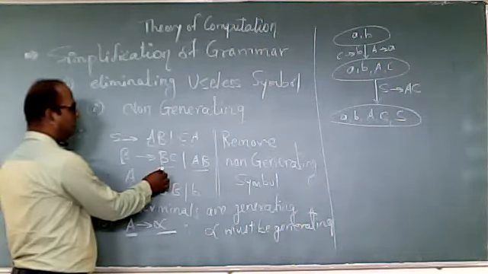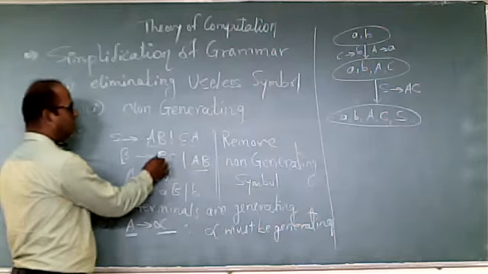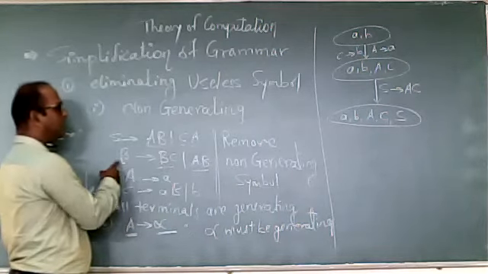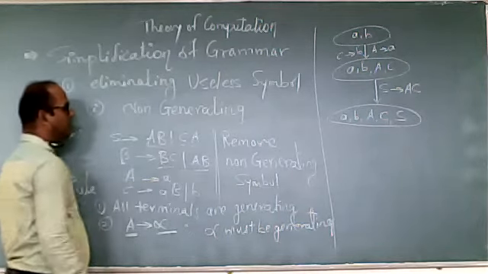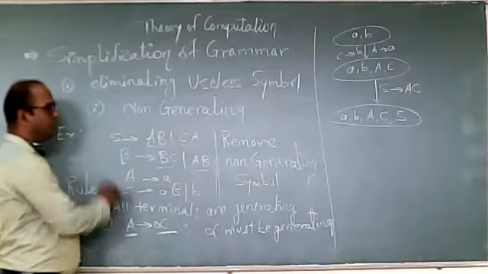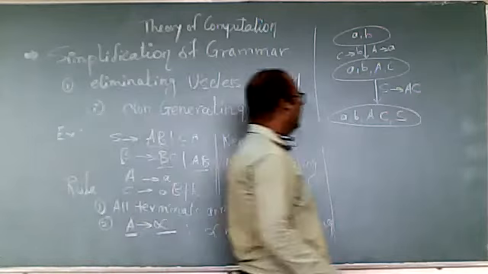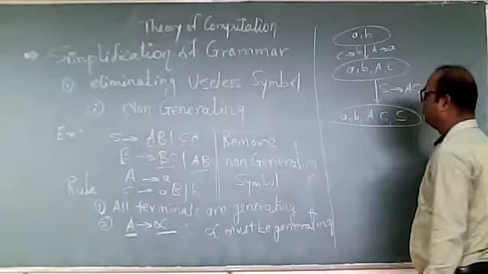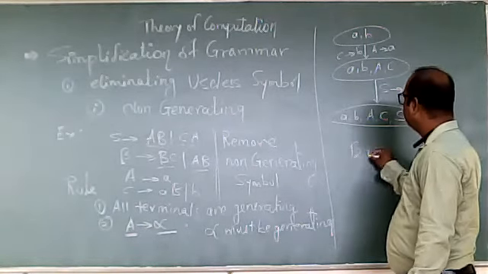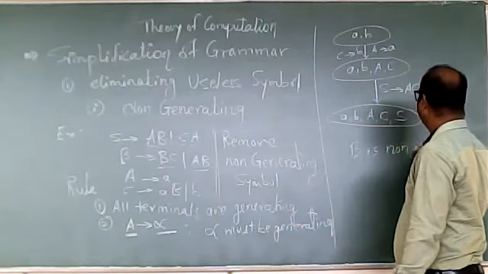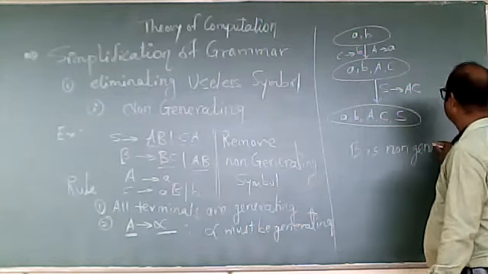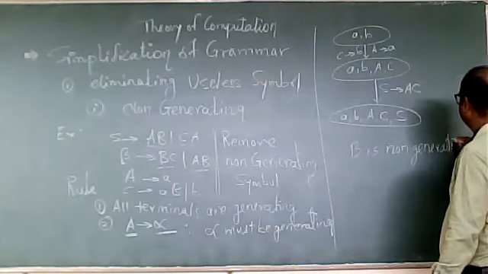B produces BC, where B is not generating, so we cannot use this production to say that B is generating. Even this cannot be claimed. So all the productions are done, and with the help of this graph we come to know that B is a non-generating symbol.